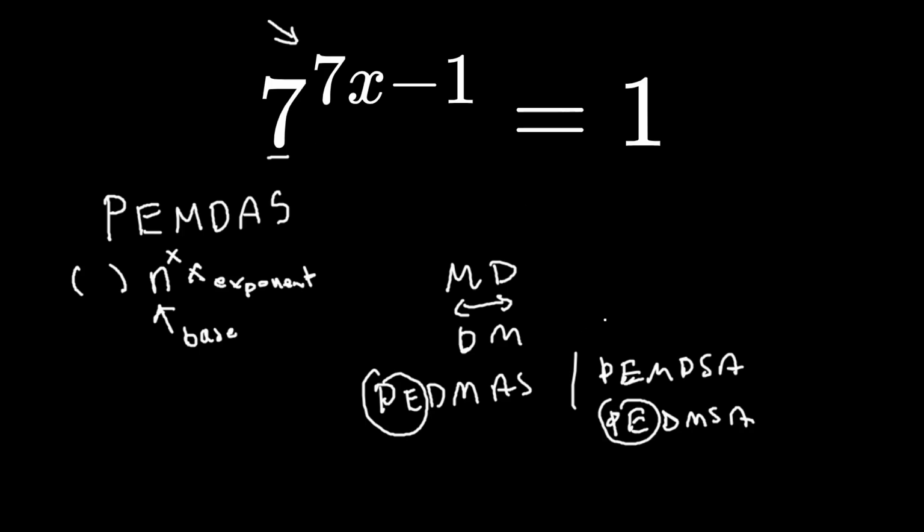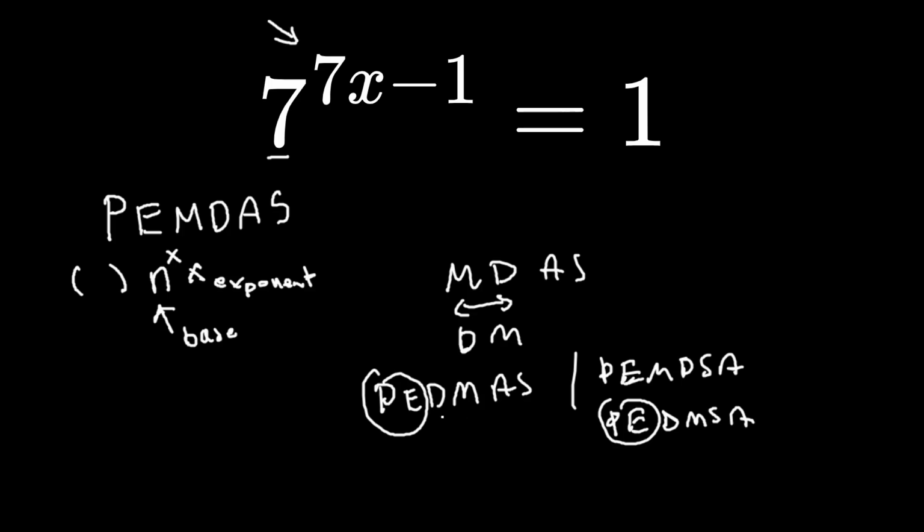Because we always look for parentheses and see what we can do within the parentheses. We always look for exponents. If there's something to solve with exponents, we always do those first before multiplication and division. With multiplication and division, whichever comes first, we solve first.